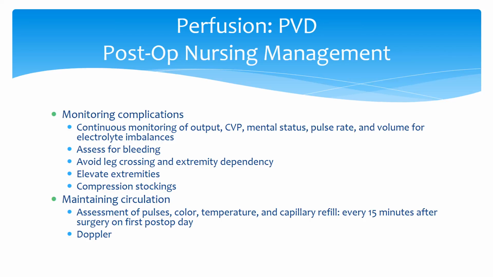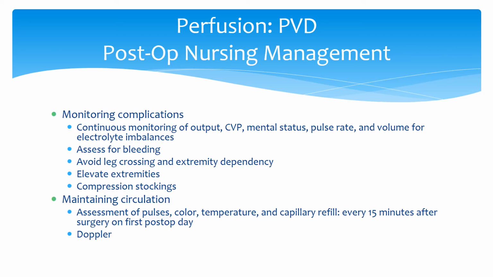We want to have them prevent leg crossing and any kind of dependency on the extremity, because it could possibly interfere with the blood flow. Elevation of the extremities enhances the blood perfusion and the venous return. Also, the compression stockings will help compress and pull out that edema that's in the lower extremities. We want to make sure we're maintaining circulation, assessing for pulses, color, temperature, and capillary refill.